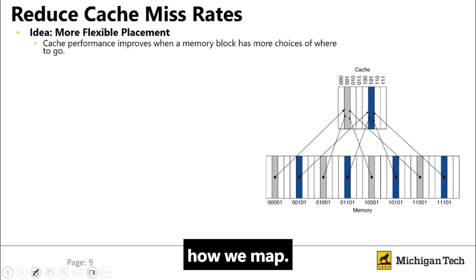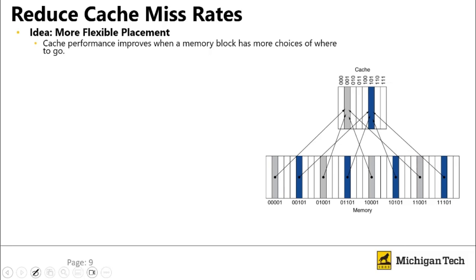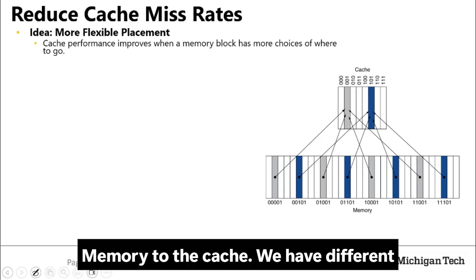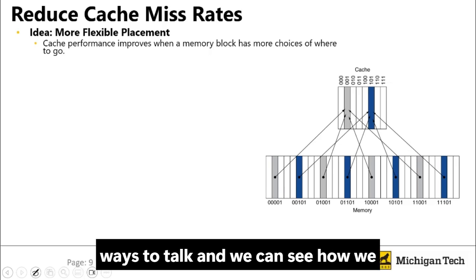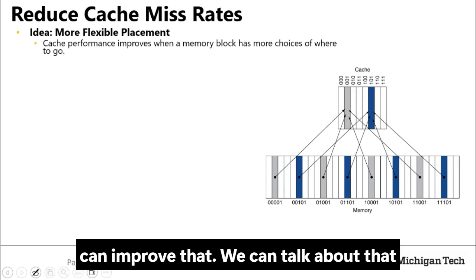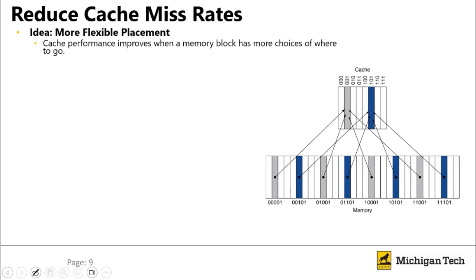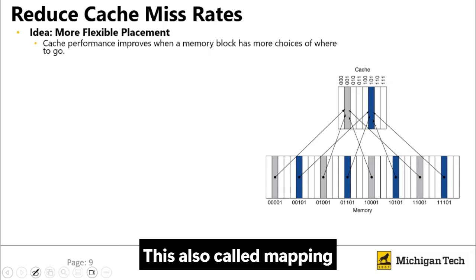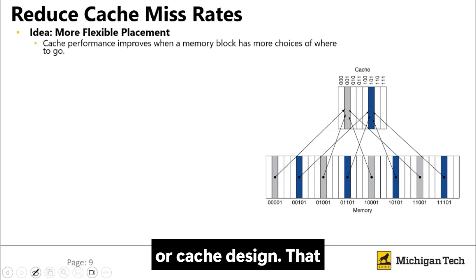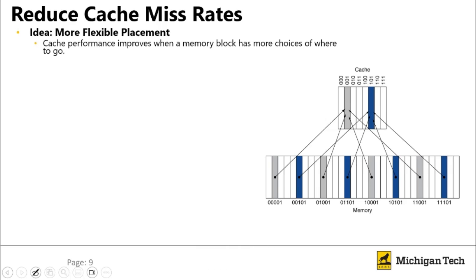Designing the cache means how we map memory to the cache. We have different ways, and we can see how we can improve that. We can talk about that next class. Any questions? This is also called mapping or cache design. That is the important part of this week.